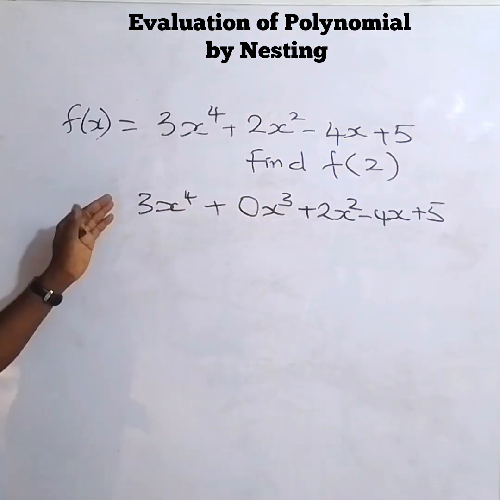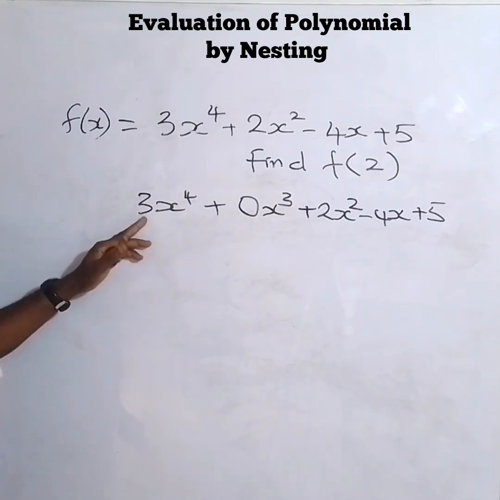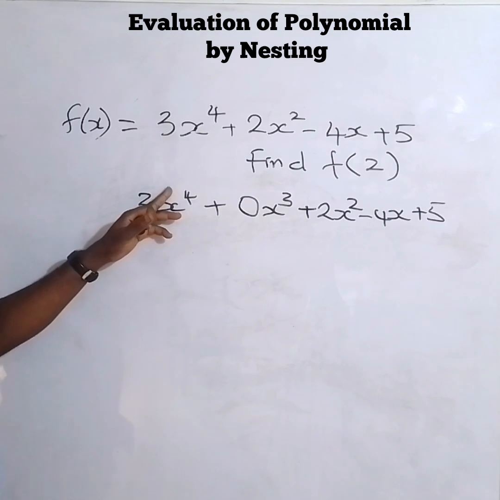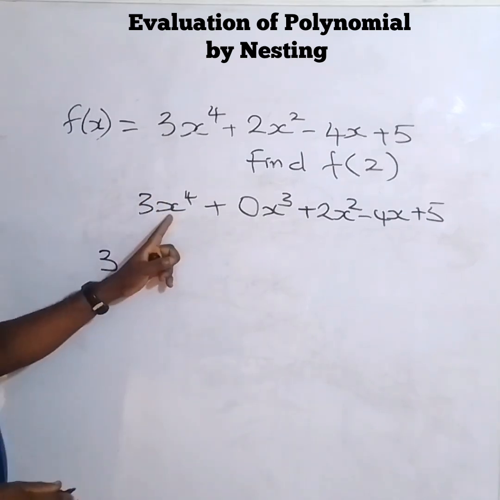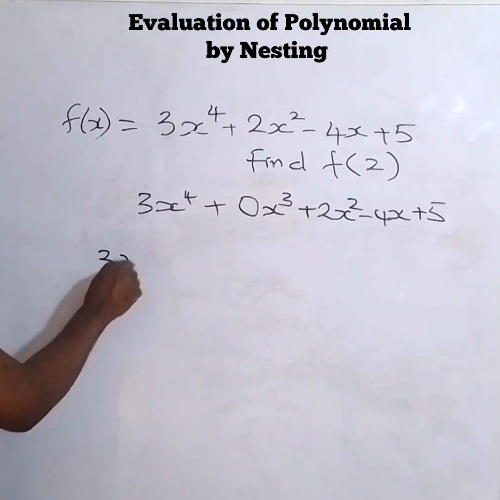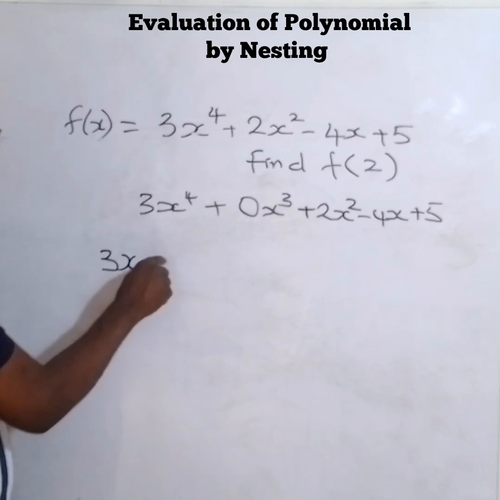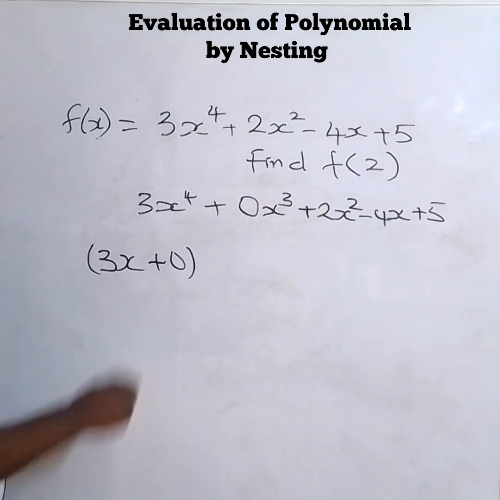So let's now nest it. What is the coefficient of the term with the highest power, which is 4? And that is 3. Put your 3 down. Then x is one of the factors. Add it to the next coefficient, and then you bracket it.